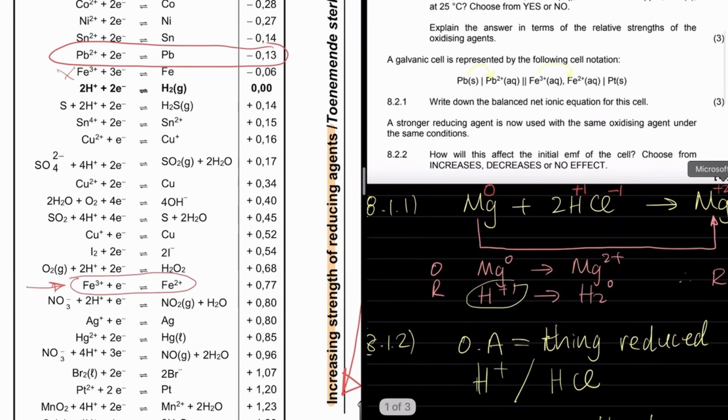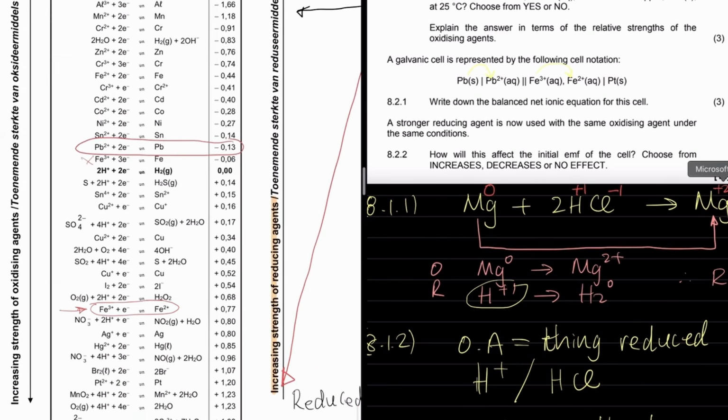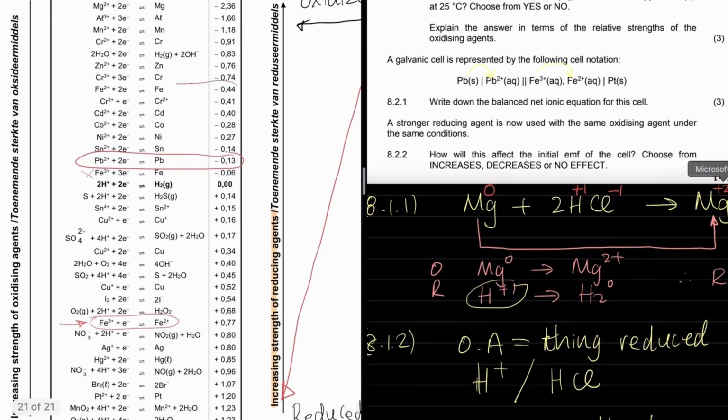A stronger reducing agent. So they are essentially not using lead anymore, they're using something above lead. So let's say they use iron. A stronger reducing agent is now used with the same oxidizing agent under the same conditions. So how will this affect the EMF of the cell?